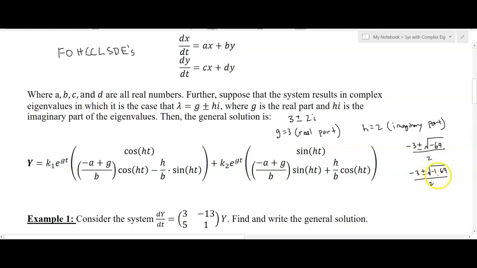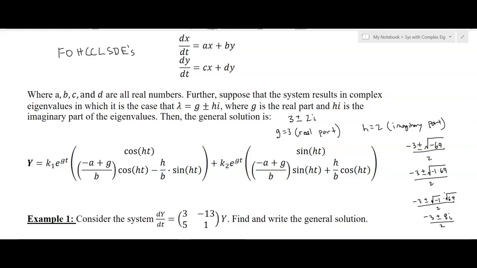If you take the square root of a product, that's identical to taking the square root of each of the factors. So the square root of negative 1 times the square root of 64, over 2. The square root of negative 1 is what in mathematics we call i. It's an imaginary number, but it still occurs in real world situations. The square root of 64 is 8, so we could write this as negative 3 plus or minus 8i over 2.